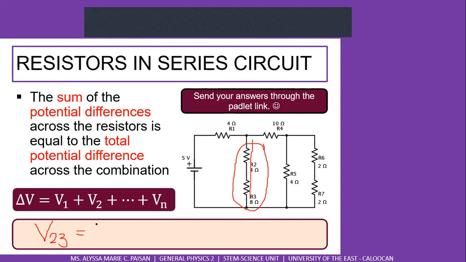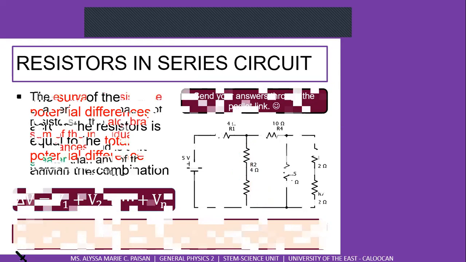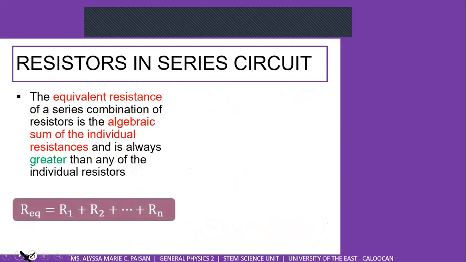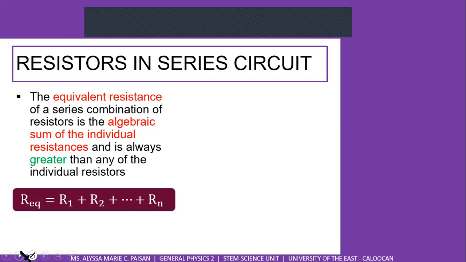And that's going to be equal to the sum of the voltage across R2 and the voltage across R3, which is V3. Okay? Ayan. And then, the equivalent resistance naman would be the sum of the individual resistances.